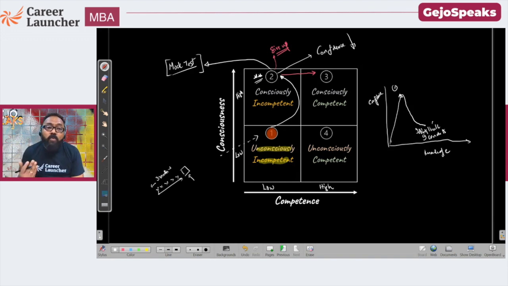So what you do with respect to the mock test is absolutely simple. In the timed version of the test, there are some questions that you got correct, some questions that you got wrong, and some questions that you did not solve. It's going to happen. Now, it is absolutely important for us to understand why these things happen.